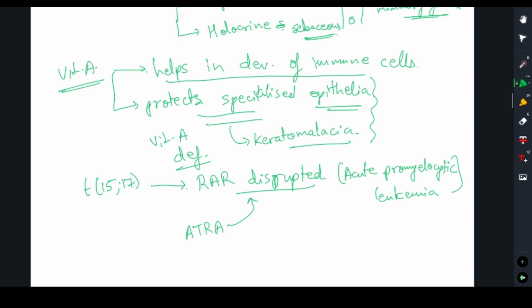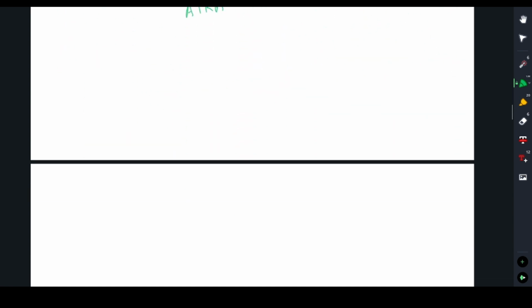Okay. Now these are the changes we discussed in surface epithelia, but we know that mesenchymal tissues can also undergo metaplasia, right? For example, you have myositis ossificans. What happens here is that you have trauma, let's say, and trauma results in inflammation of the skeletal muscle, right?